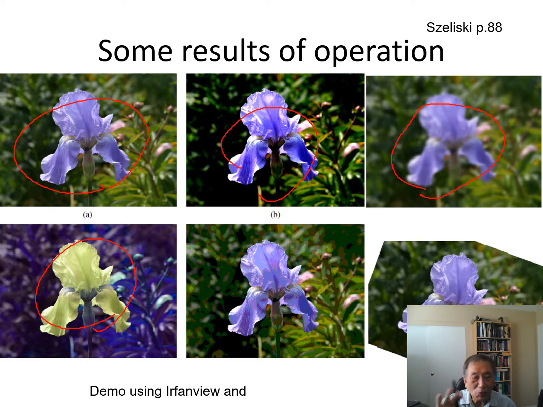But I don't want my background to be displayed, so we want to make our background blurred out. So the detail is hidden, so to speak. This one is a little more sharpened, and this one is rotated, or geometrically changed.